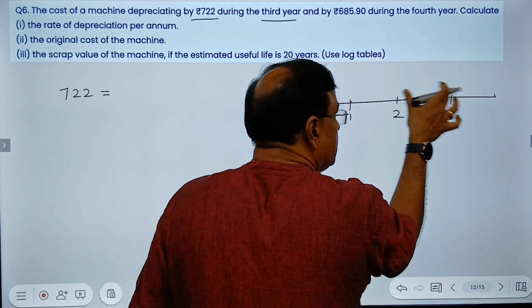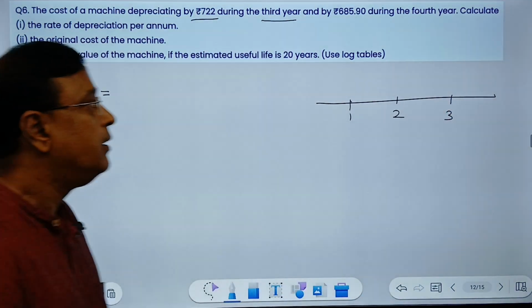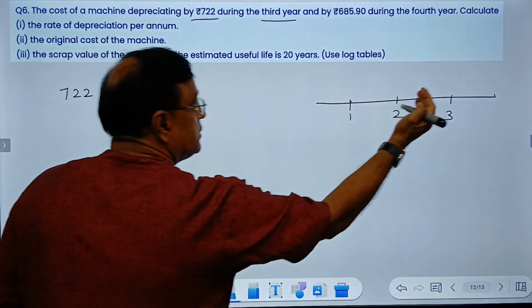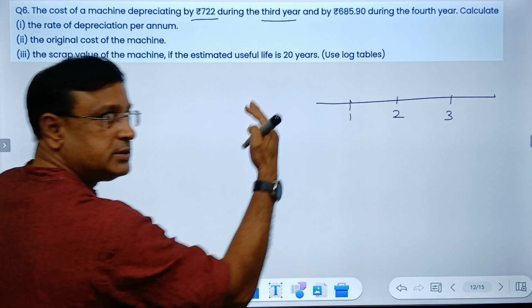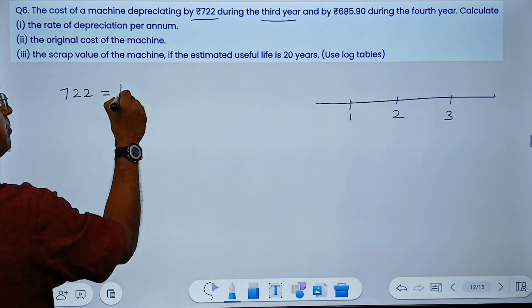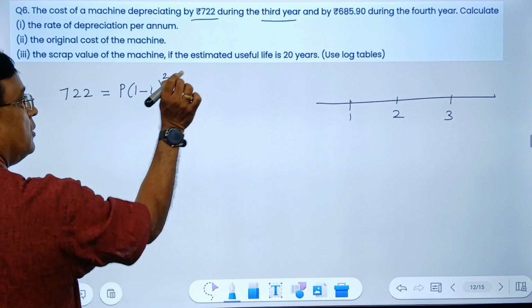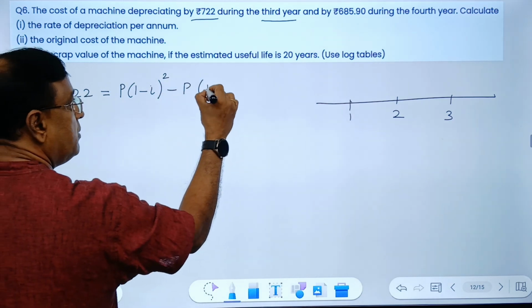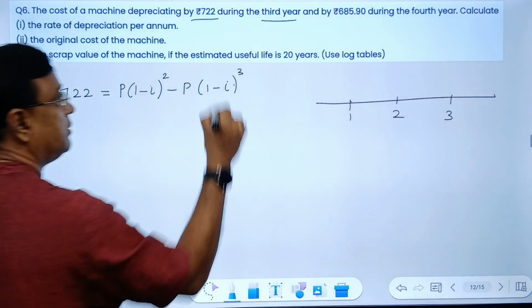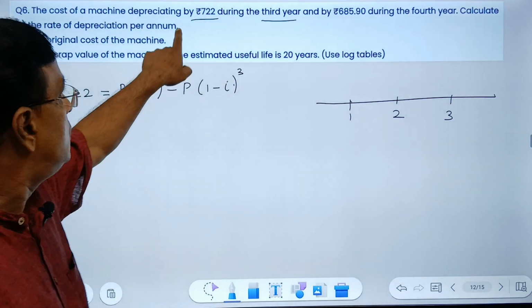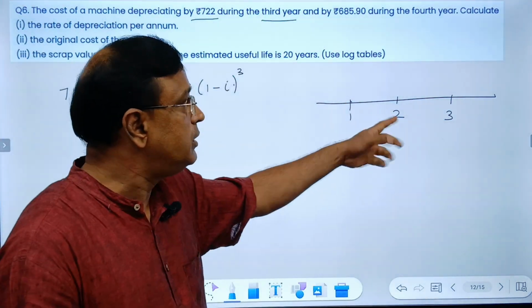This is during the third year. So that means it will be second year minus the third year. That is P into 1 minus I power 2 minus P into 1 minus I power 3. Second year minus third year. Is it clear? During the third year.